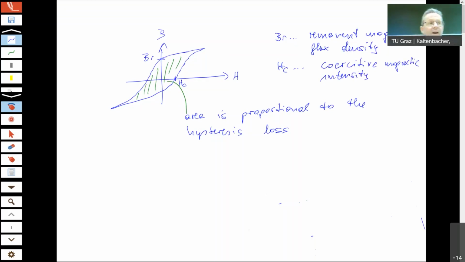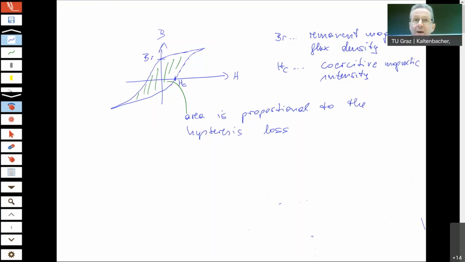In this case, it would be good that these values are very small. Then this area strongly decreases, and you have a material which will have small hysteresis losses.